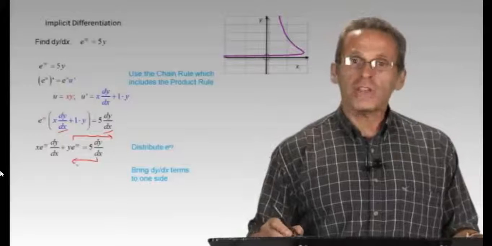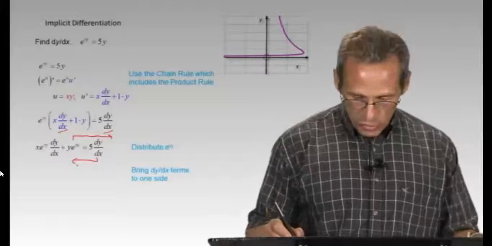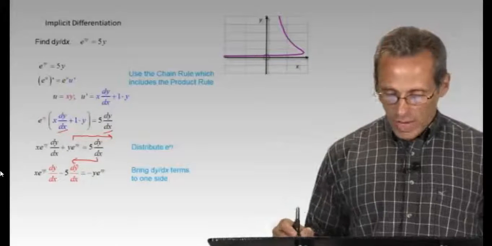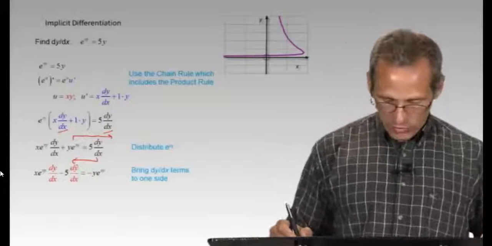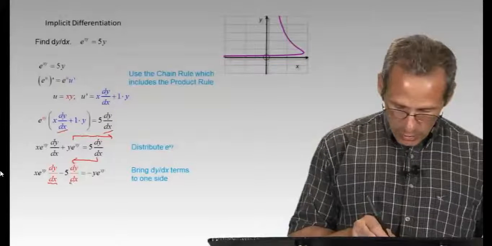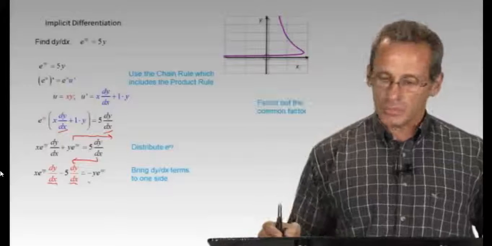So let's bring the terms that have dy/dx to one side of the equation. Subtract over 5 dy/dx, subtract over our y e to the xy. What's our next step? Well, we notice these two terms both have a common factor of dy/dx.